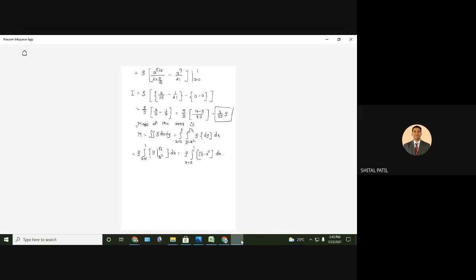So x raised to half, that is x raised to 3 by 2 divided by 3 by 2, minus x cube divided by 3. So 2 by 3 minus 1 by 3, lower limit is 0. So rho by 3.